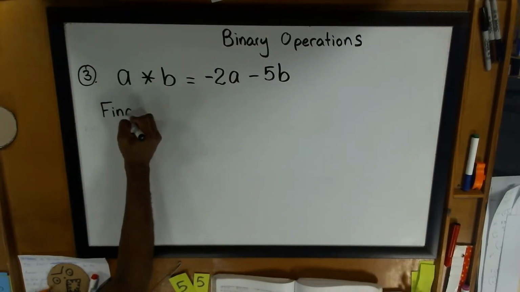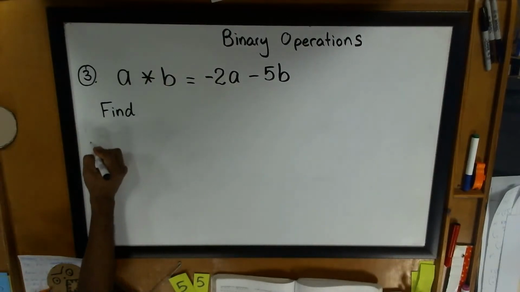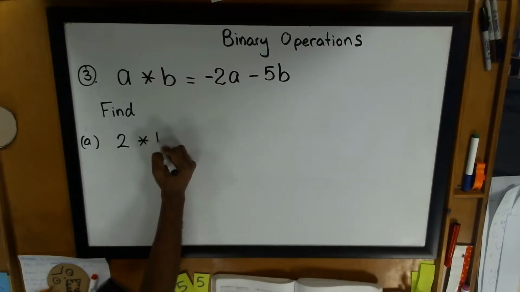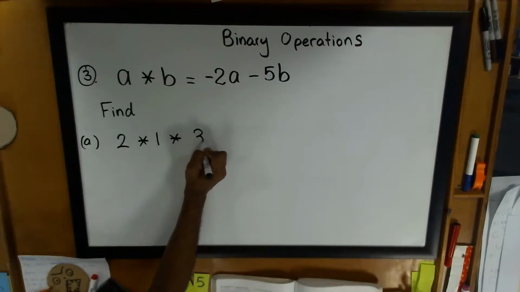It's two questions. Let me put them side by side so you could compare the difference. Let's say I want you to find 2 asterisk 1 asterisk 3.